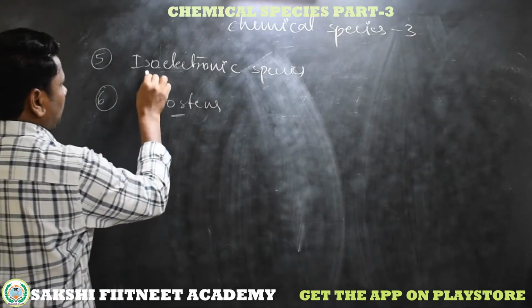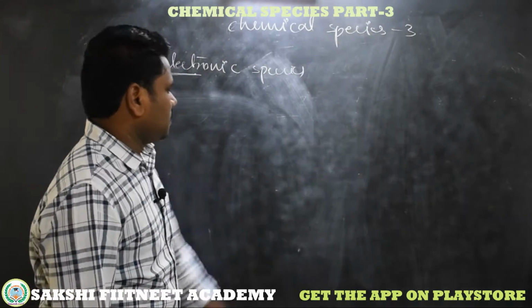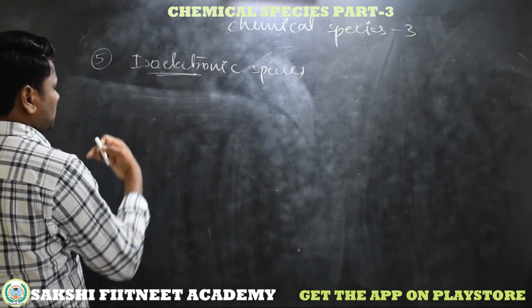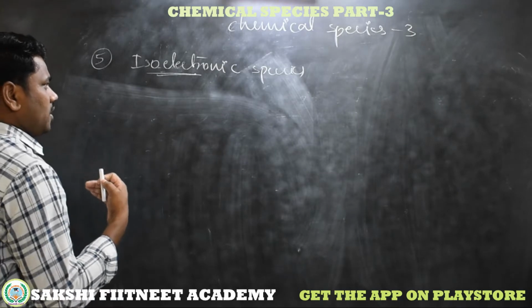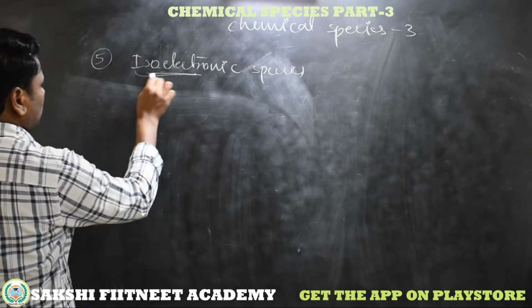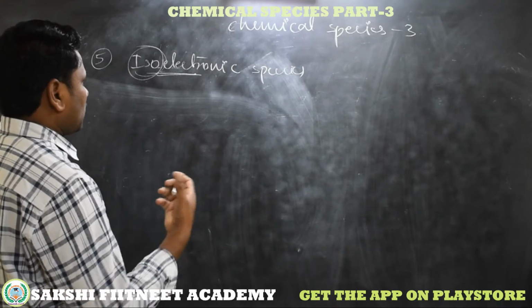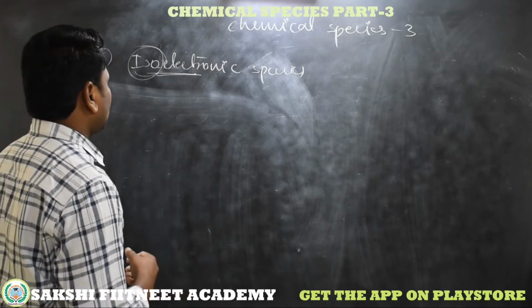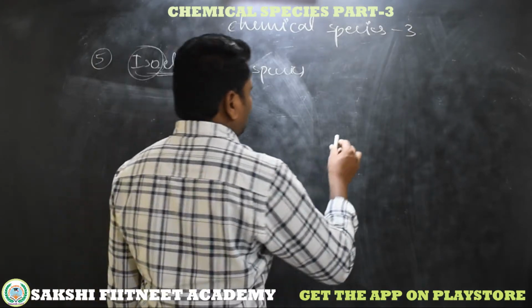So I am beginning with the isoelectronic species. What are isoelectronic species? From the start: isotopes, isobars, isotones, isodiaphers. Iso means a common character in a particular factor. Now here, isoelectronic species, simple.